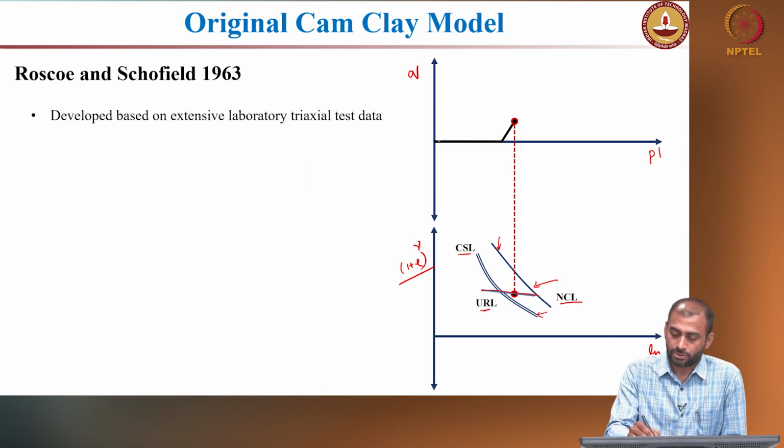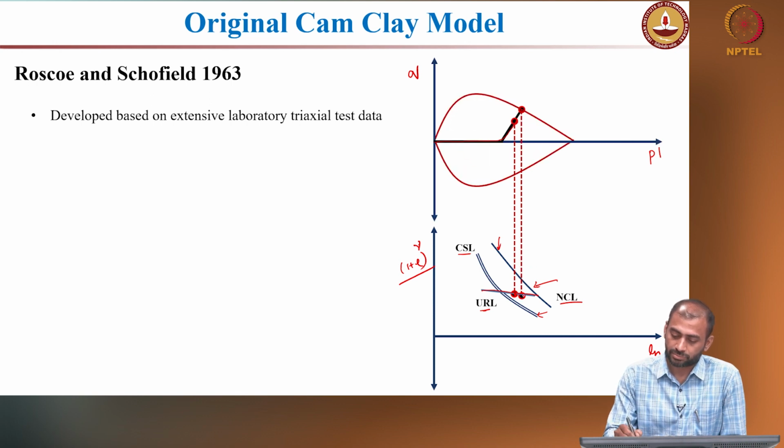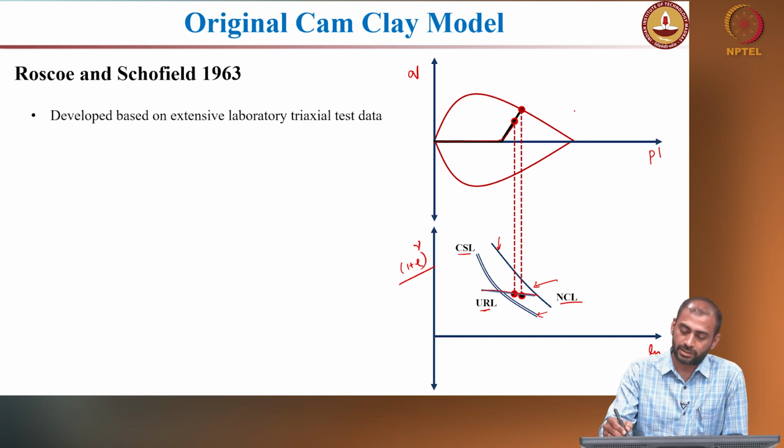As you isotropically consolidate and then start shearing, this is your volume or void ratio when you start shearing, but as you shear further, you reach the yield locus, right. This is the yield locus. Why the yield locus has this particular shape, we will discuss later.